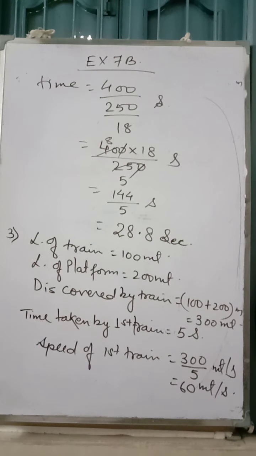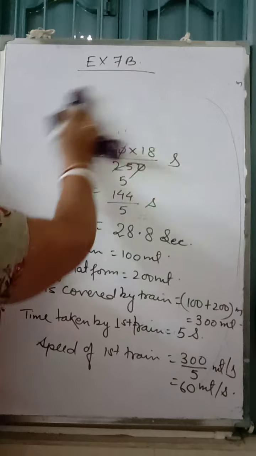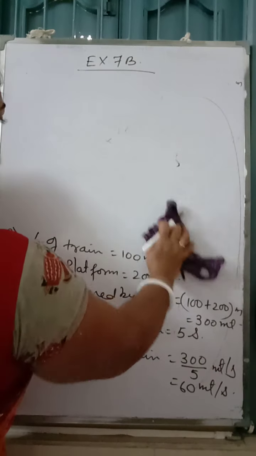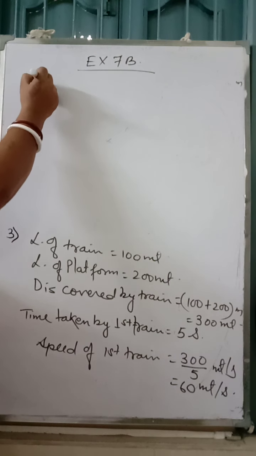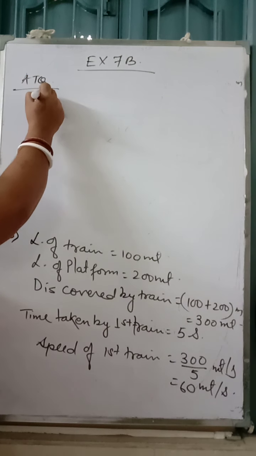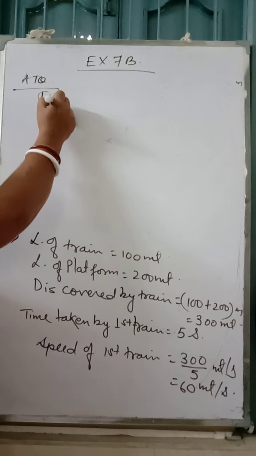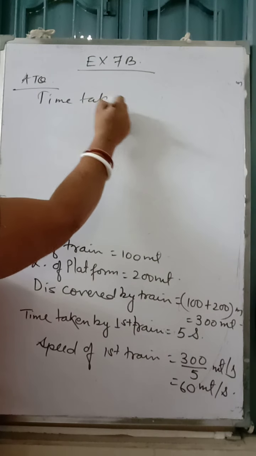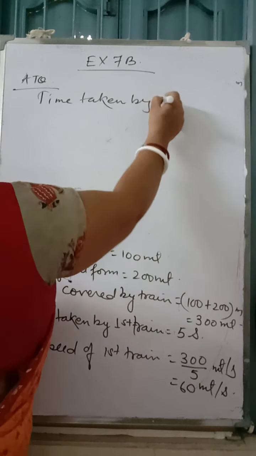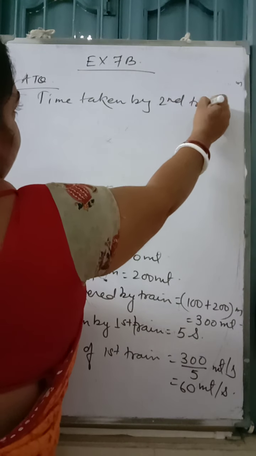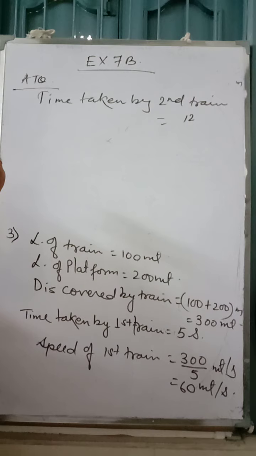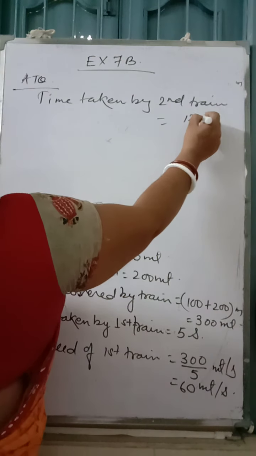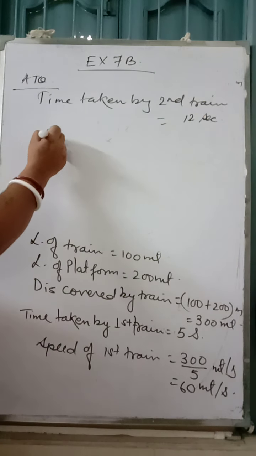Now the second train is also crossing the same platform and the length of train is the same. According to the question, time taken by second train is equal to 12 seconds. So what will be the speed?